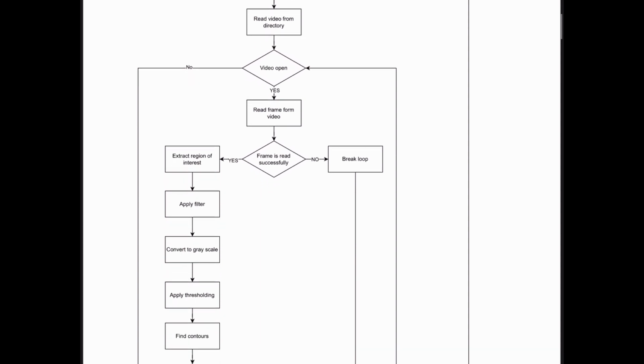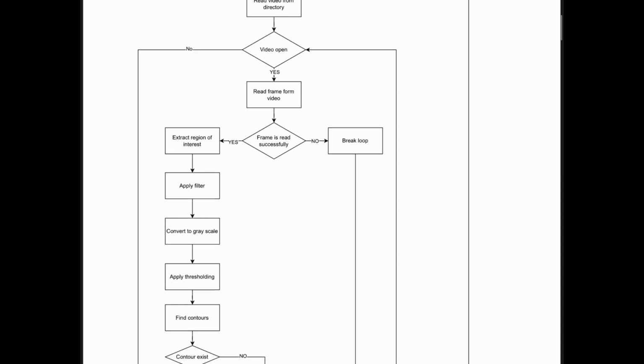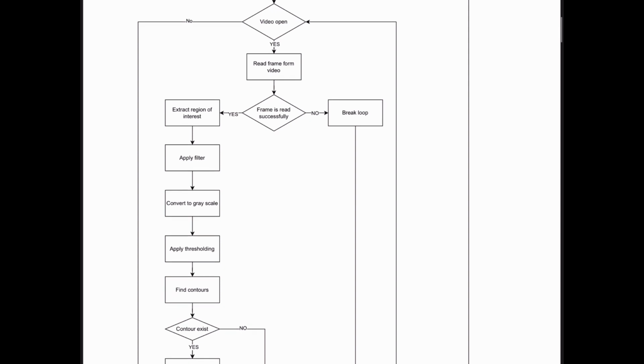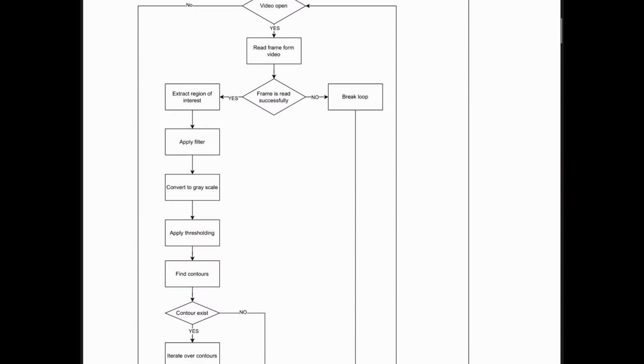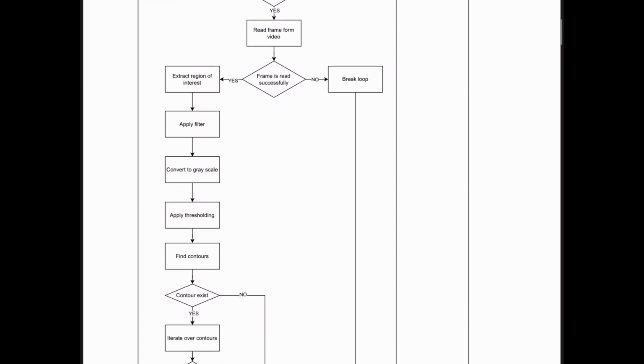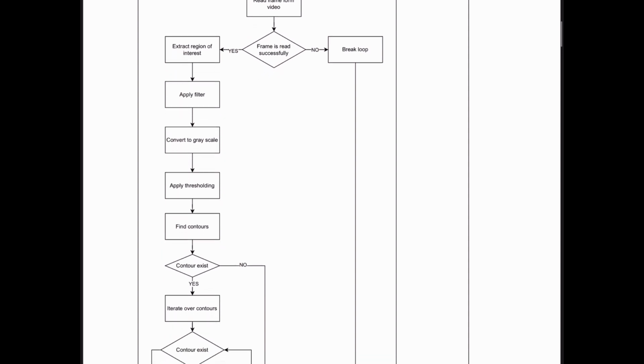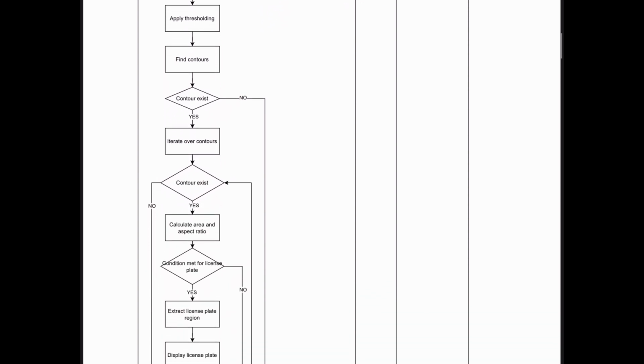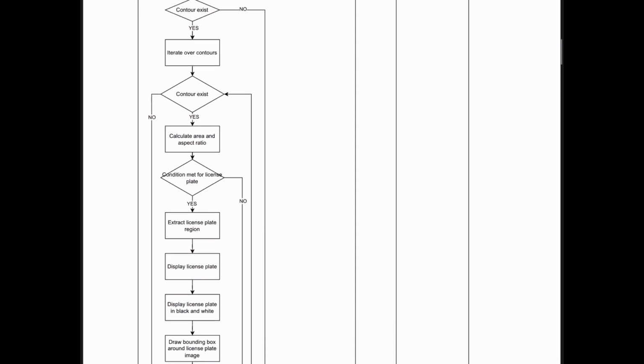If the frame is successfully read, the algorithm processes it to extract the regions of interest, applies filters, converts the frame to grayscale, and performs thresholding to simplify further processing.